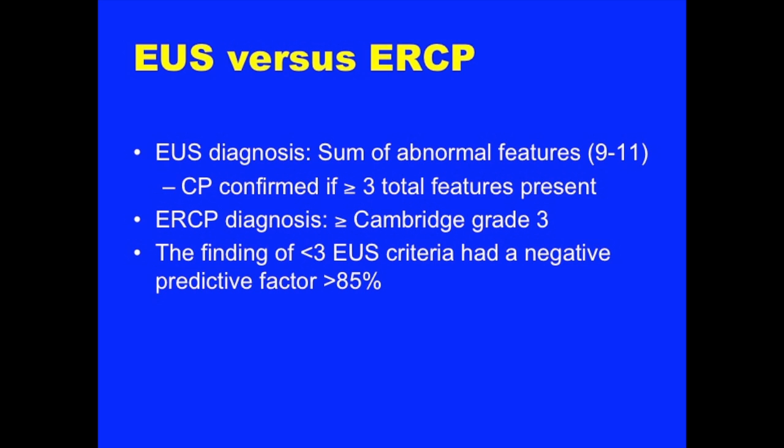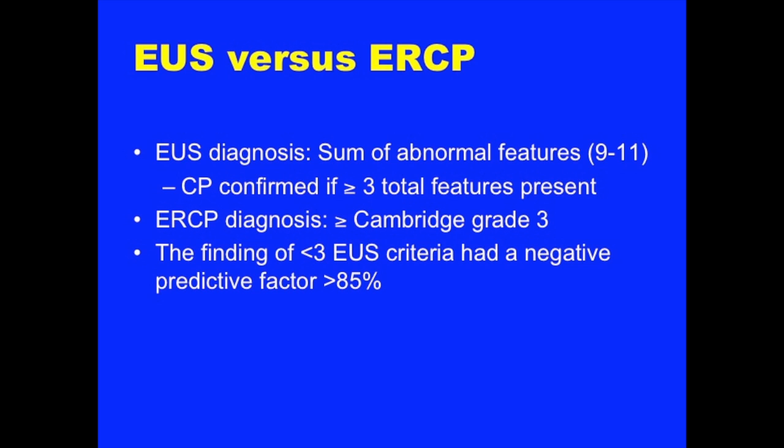If we look at our comparative studies for EUS versus ERCP, ultimately the EUS diagnosis is the sum of the abnormal features. A slide of the different centers who have looked at this would be too busy to analyze.